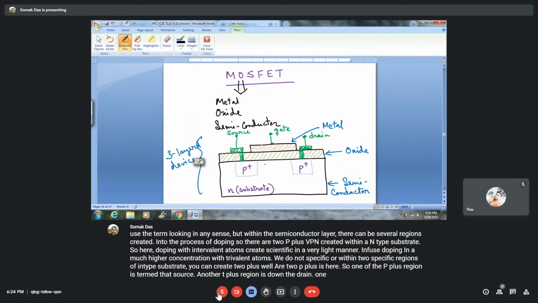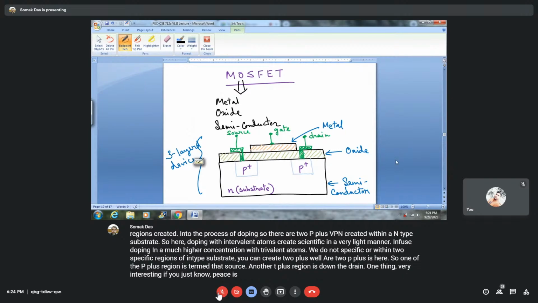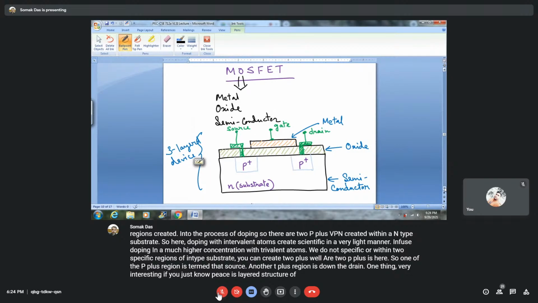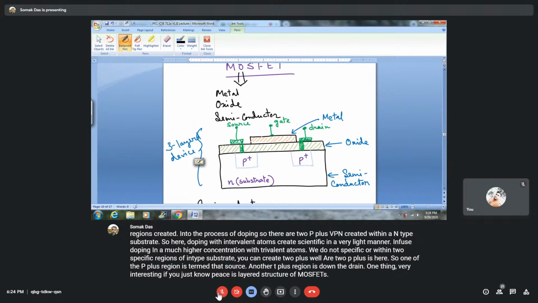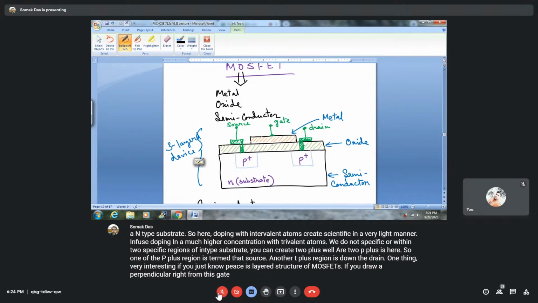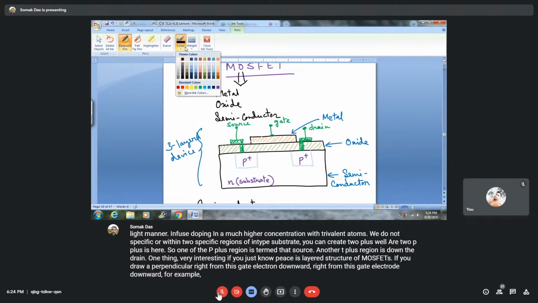One thing very interesting, if you notice this layered structure of MOSFET, if you draw a perpendicular right from this gate electrode downward, for example, let me draw it virtually.